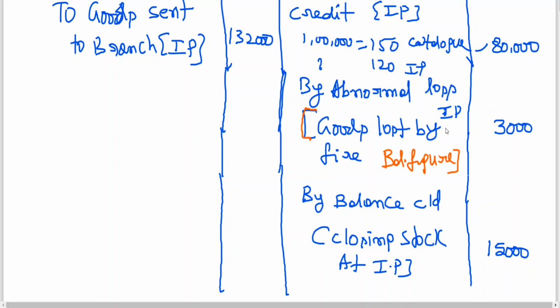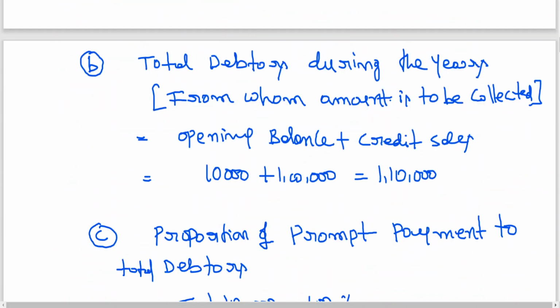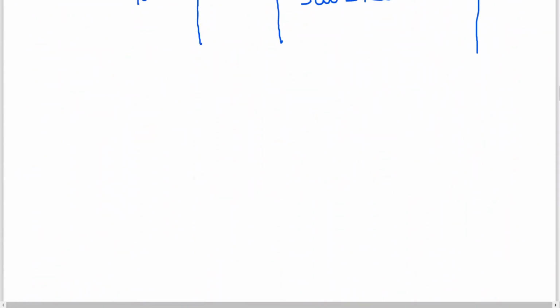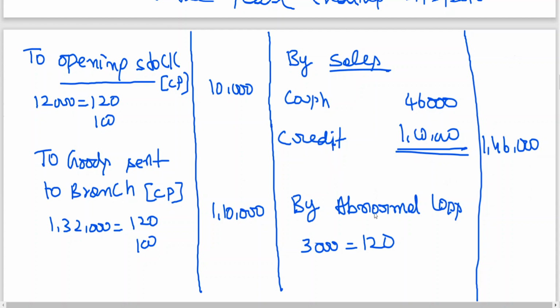So this invoice price I have to convert into cost price. 3,000 is equal to 120%. 100 how much?